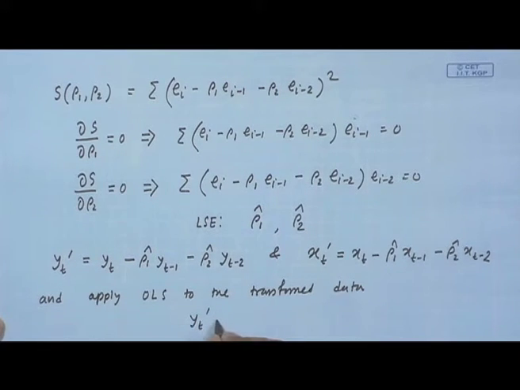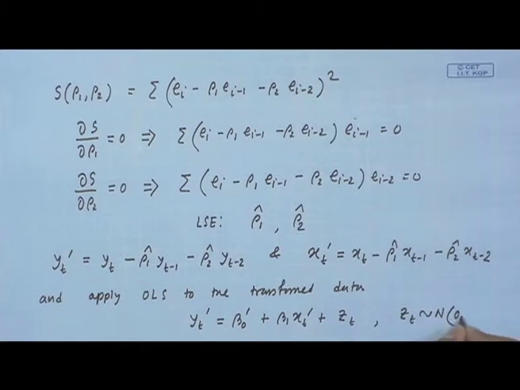Y t prime equal to beta naught prime plus beta 1 x t prime plus z t. And here for the transformed data, this z t, the error term on transformed data, follows normal 0, sigma z square. So, normal with mean 0 and constant variance sigma z square, and they are independent.